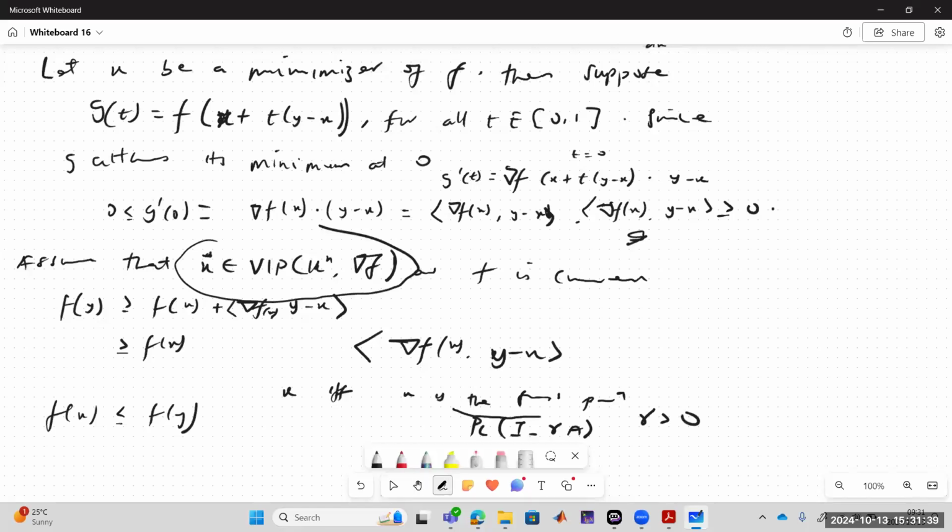That's why any solution method for the variational inequality has to include P_C. So the method x_{n+1} will solve the minimization problem. That is, find x such that f(x) is less than or equal to f(y) for all y. Minimizing f(x) is the same thing as writing it this way.